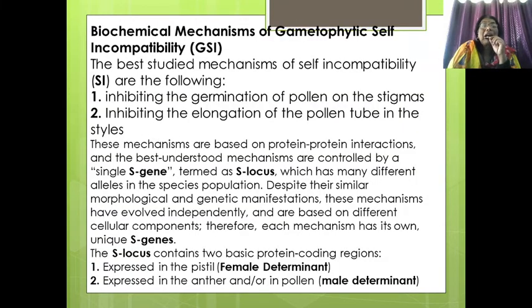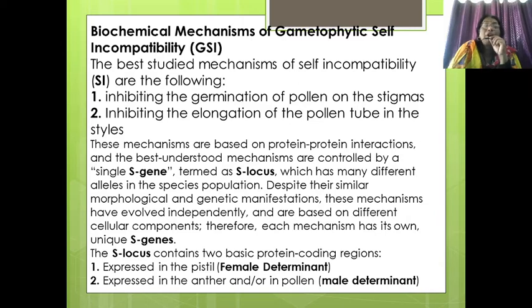As for the biochemical mechanism of gametophytic self-incompatibility, that is the GSI system, it inhibits the germination of pollen on the stigma and inhibits the elongation of the pollen tube in the style. Means in that system the germination of pollen on the stigma does not take place.